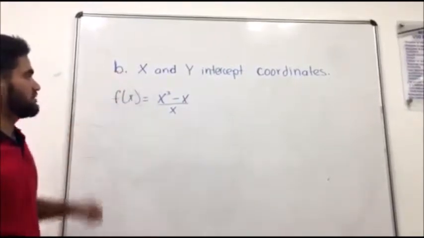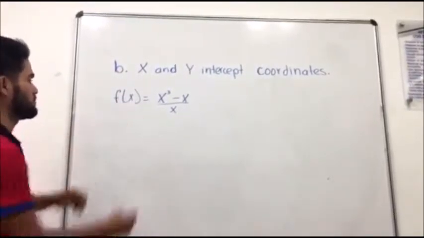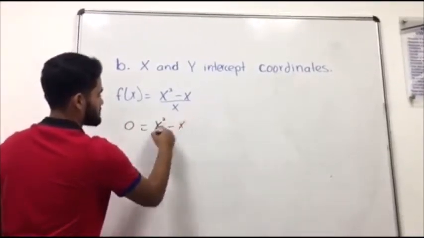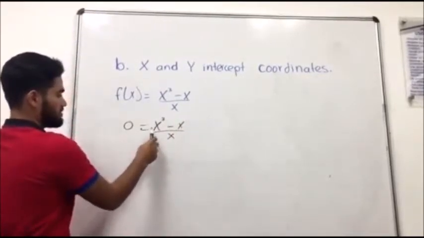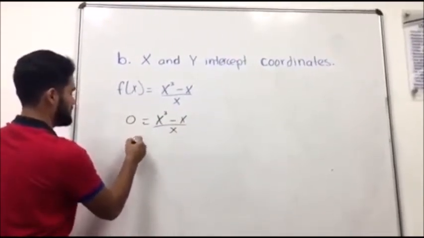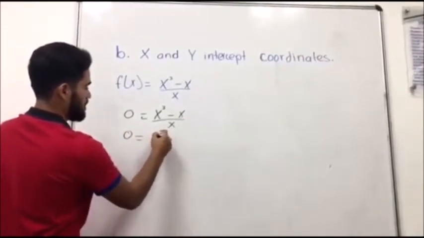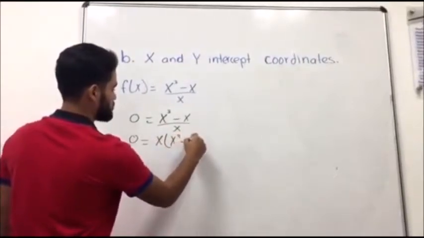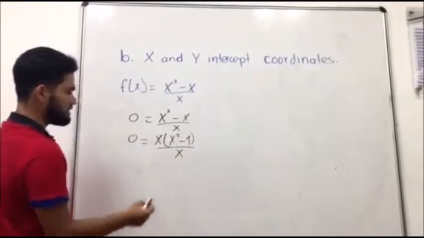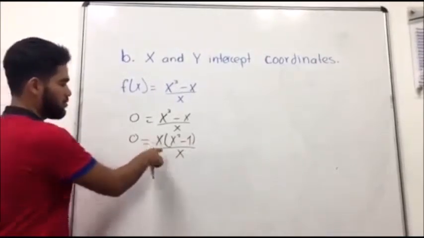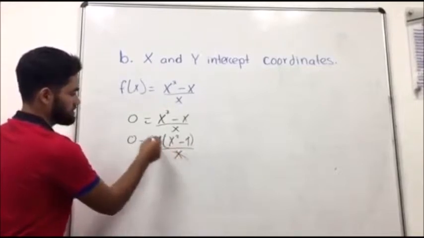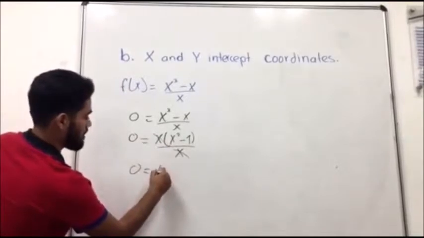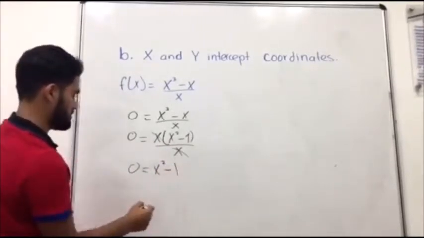To obtain the x-intercept, we have to set the function equal to 0. It's going to be 0 is equal to x cubed minus x over x, and we have to factorize this expression. The common factor is x, so x times x squared minus 1 over x. Here we can eliminate the x, and it's going to be 0 is equal to x squared minus 1.